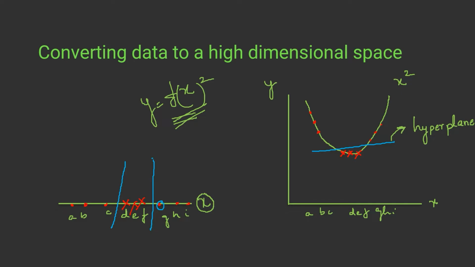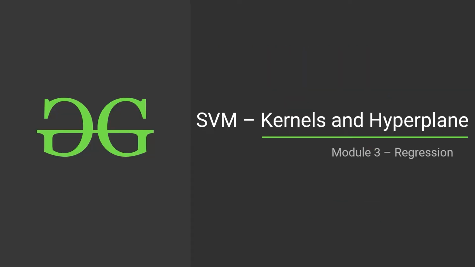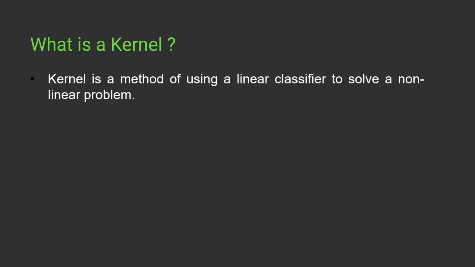It gets trained over a data set and then predicts the result even over non-linearly separable data, but in an efficient manner. A better approach to solve this problem is the use of kernels. So what is a kernel? A kernel is a method of using a linear classifier to solve a non-linear problem.